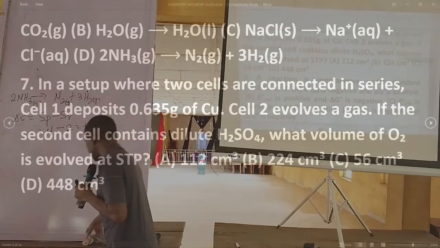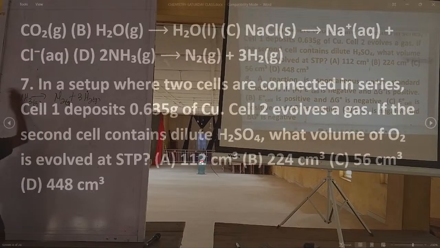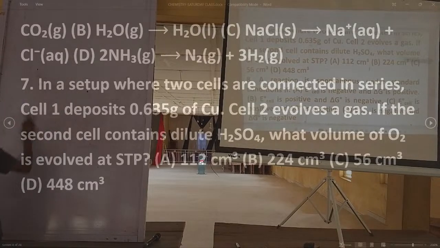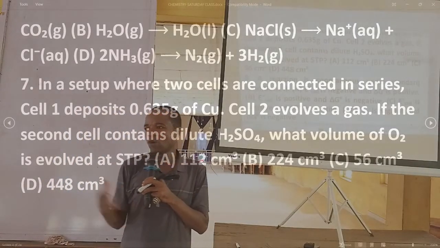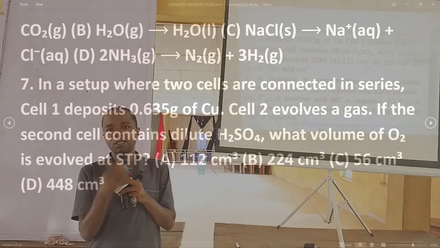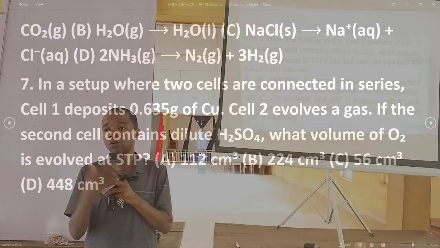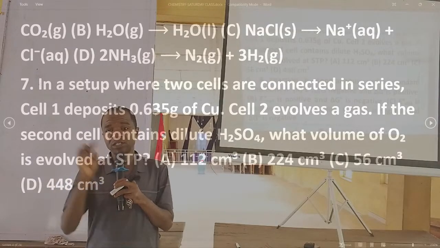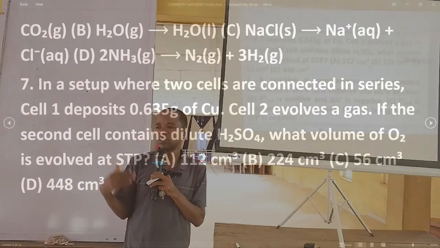This is an example of Faraday's second law of electrolysis. If you remember, there are two ways of defining it. We know that Faraday's first law of electrolysis tells us that the amount or the mass of an element deposited or discharged during electrolysis is directly proportional to the quantity of electricity passed.